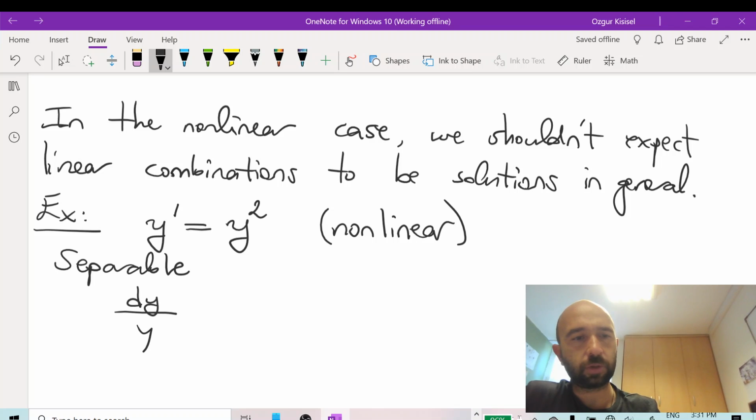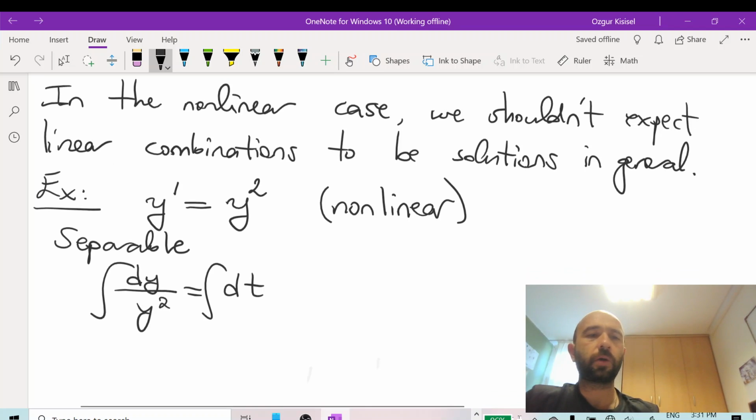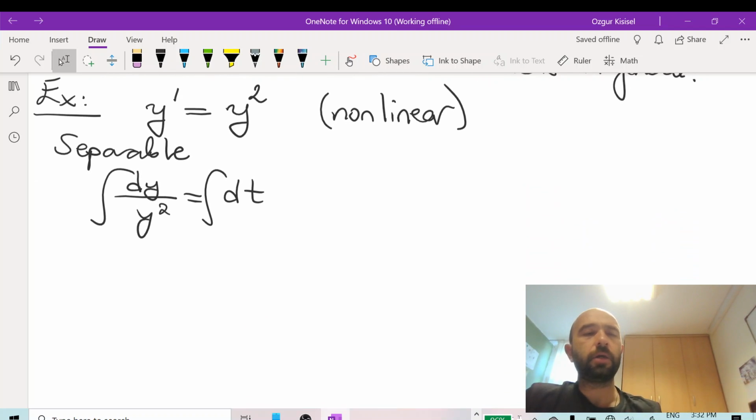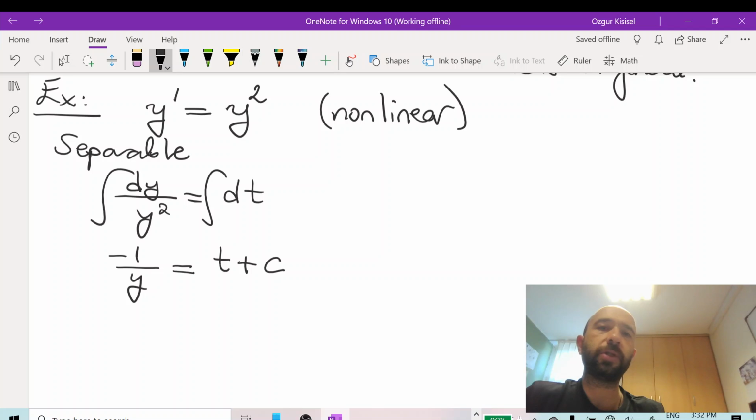Or I can do the following. Okay. Now, the antiderivative of 1 over y squared is minus 1 over y. And on the right side, we have t, but we should also put plus a constant.